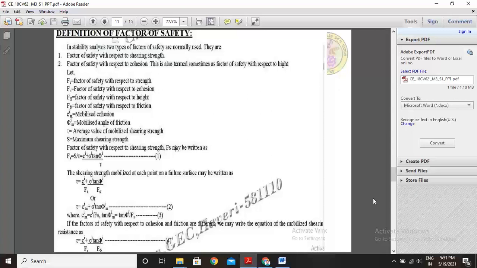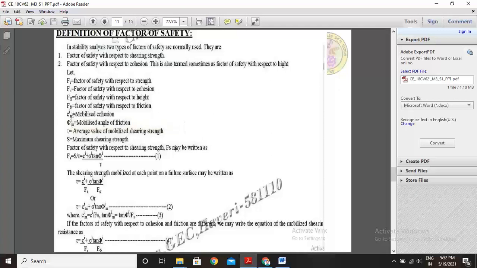This is also sometimes termed factor of safety with respect to height. Let Fs be the factor of safety with respect to strength, Fc the factor of safety with respect to cohesion, Fh the factor of safety with respect to height, and Fi the factor of safety with respect to friction.